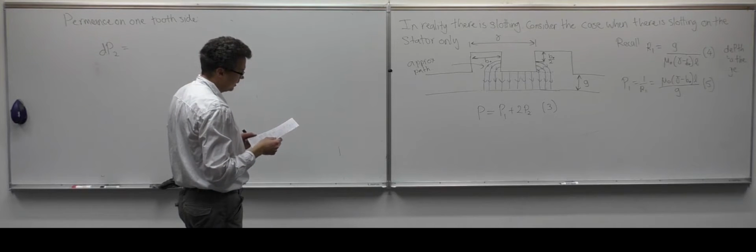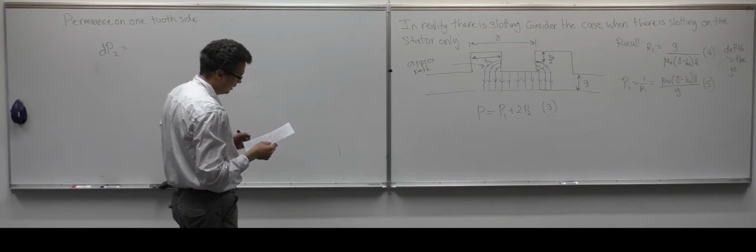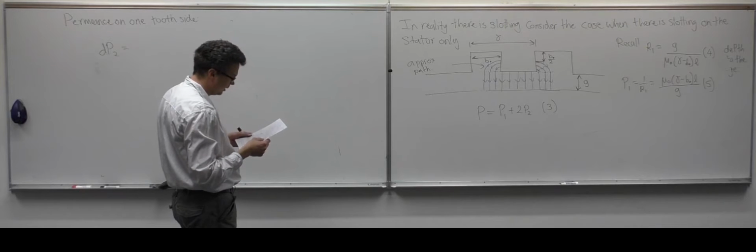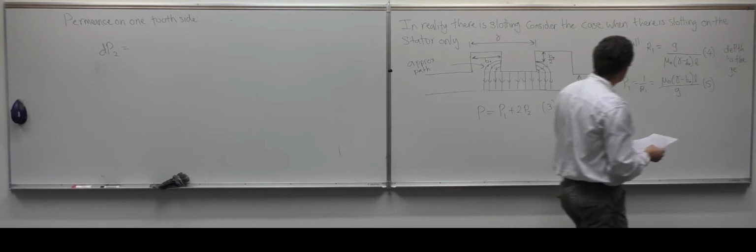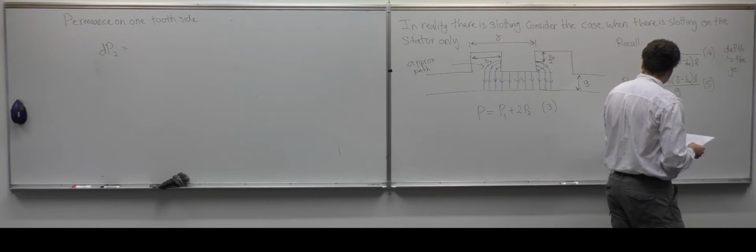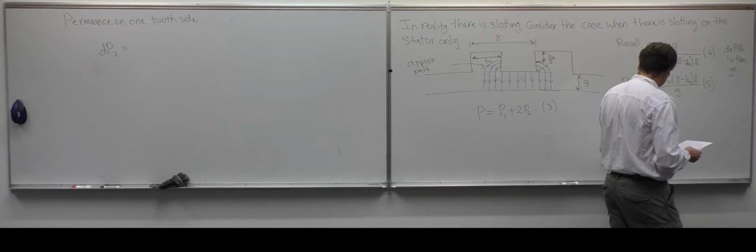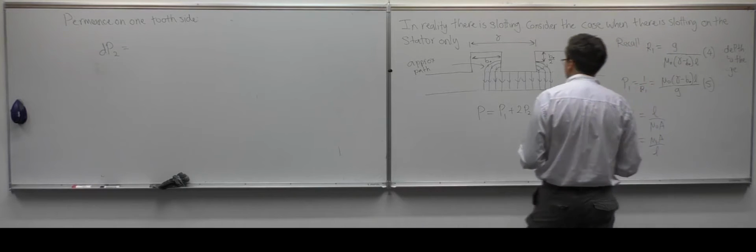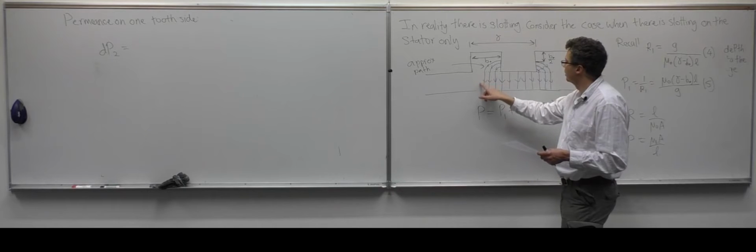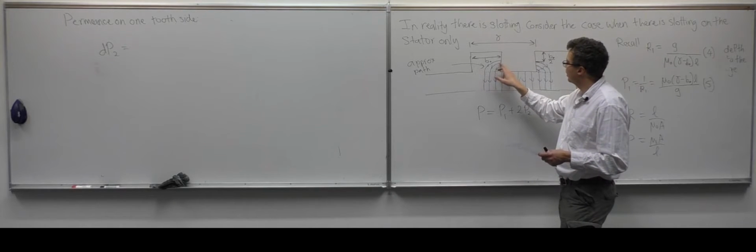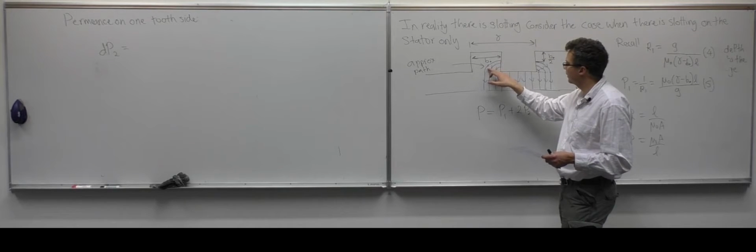The permeance is the length and the area relationship. Reluctance is length over mu naught area. Permeance is mu naught area over length. So the length part in the permeance is going to be the gap plus 2 pi r divided by 4, because it's a quarter of a circle around this length.